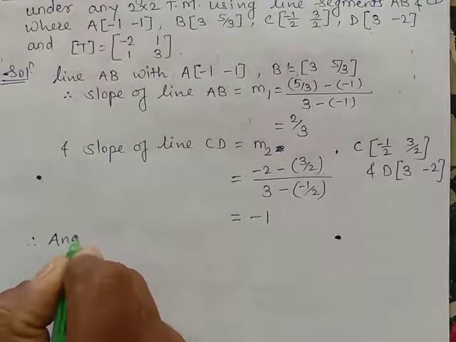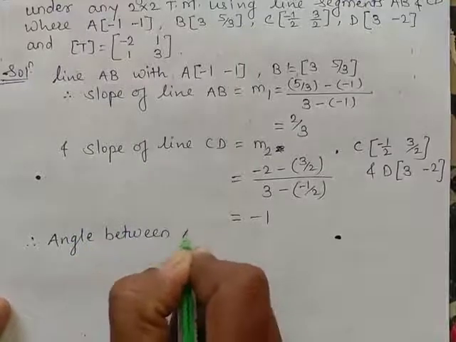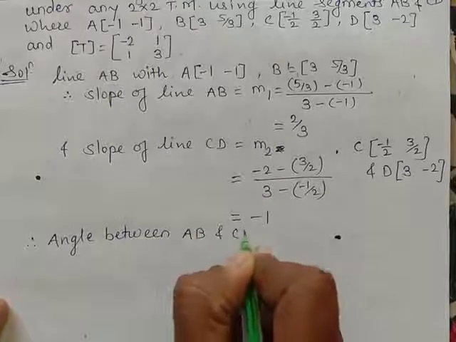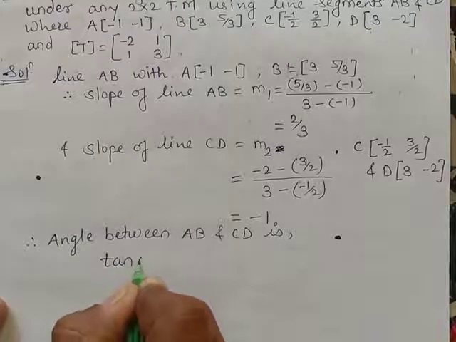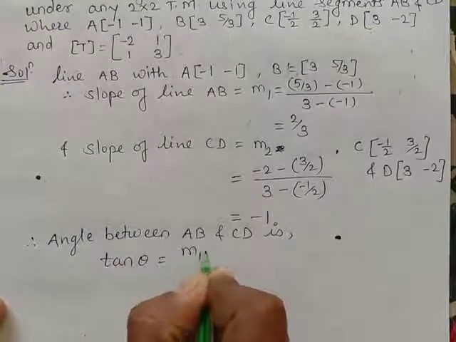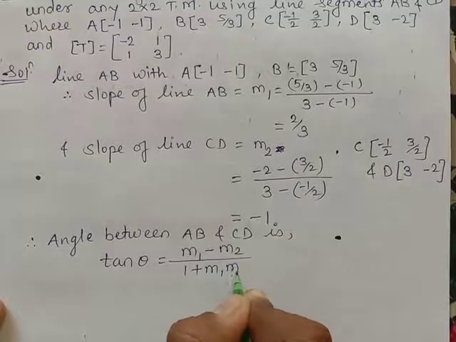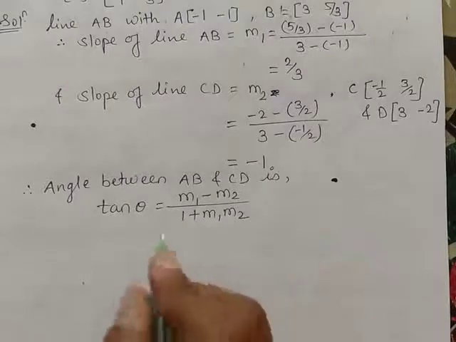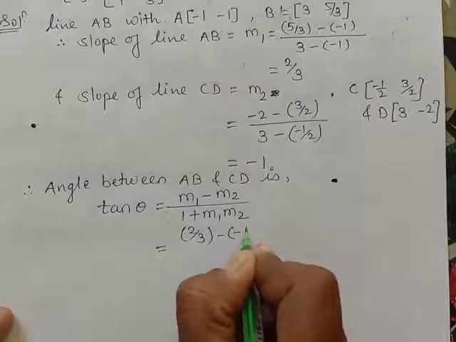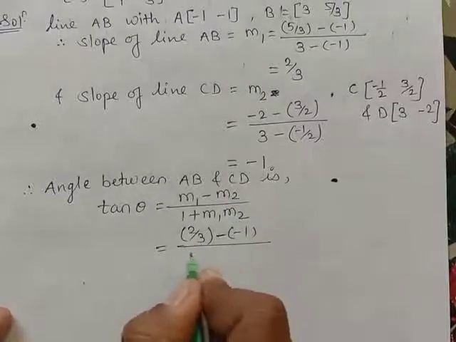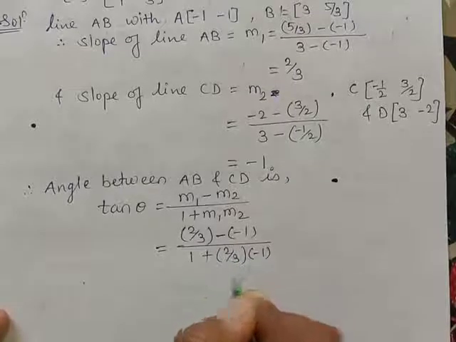Now, angle between AB and CD is, it will be tan theta equal to m1 minus m2 upon 1 plus m1 m2. Right? So this is 2 by 3 minus of minus 1 upon 1 plus 2 by 3 into minus 1.